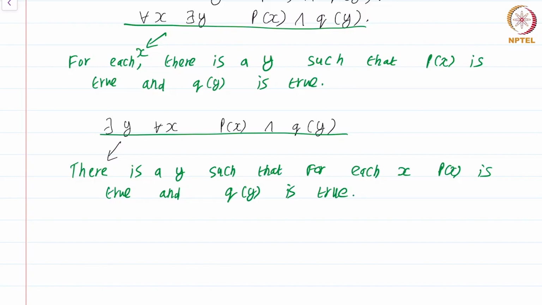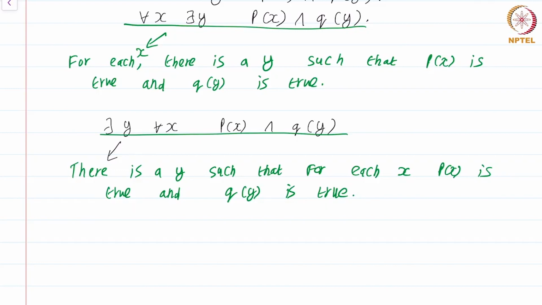I will emphasize this when we come to mathematical situations. I will not artificially introduce a real life situation here, but rather I will illustrate the meaning of these statements when we talk about real mathematical definitions and theorems where such statements will crop up. I will illustrate with those examples when the time comes.